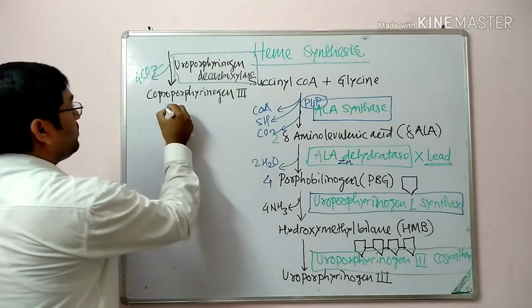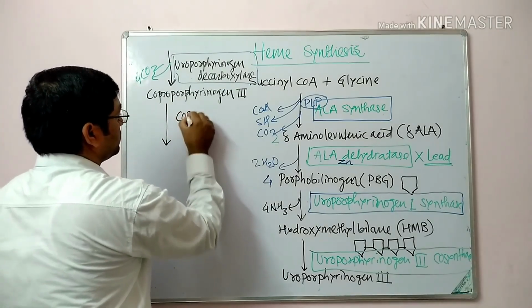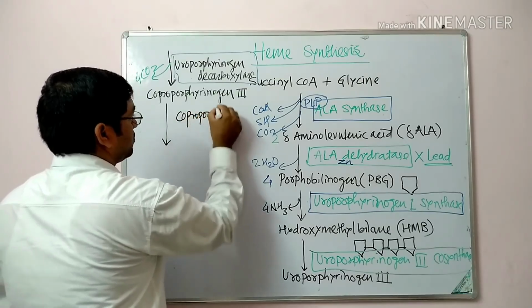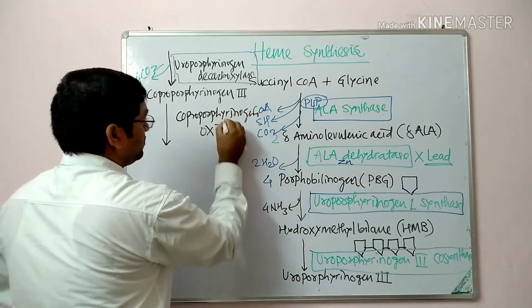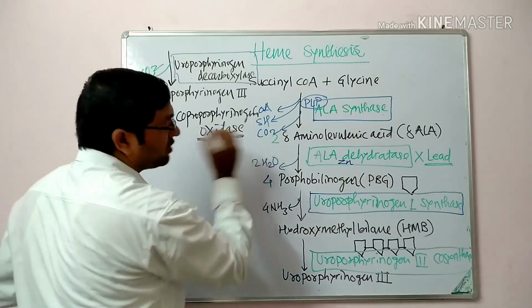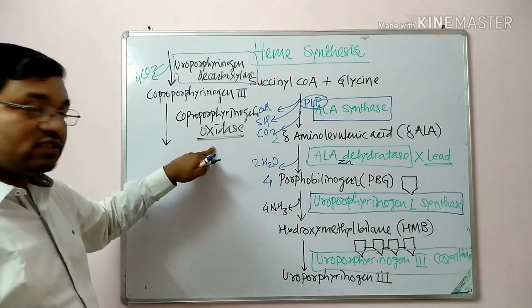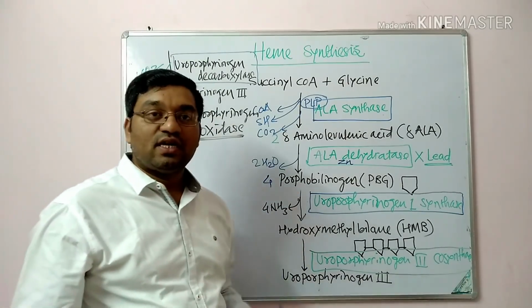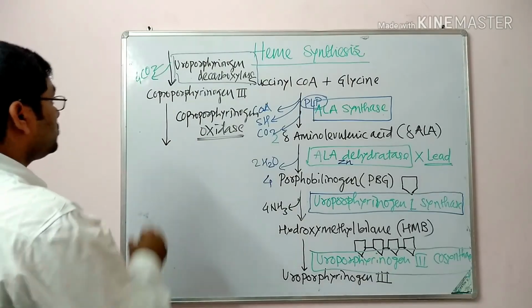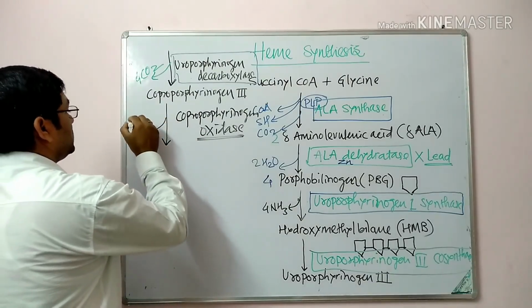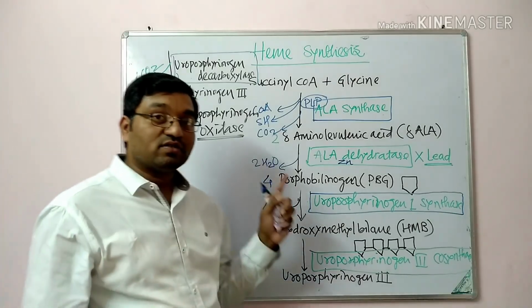Now, with the help of the next enzyme, that is coproporphyrinogen oxidase. As it is an oxidase, it is present in the mitochondria. So onward from this enzyme, coproporphyrinogen oxidase, then the next enzyme and the next enzyme, these last three steps occur in the mitochondria. Here also there is removal of CO2 molecule, and due to the removal of CO2, what happens?